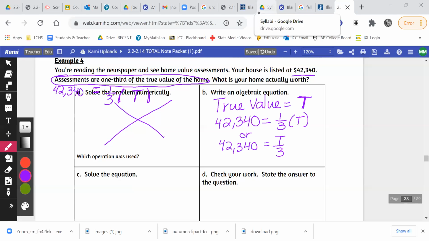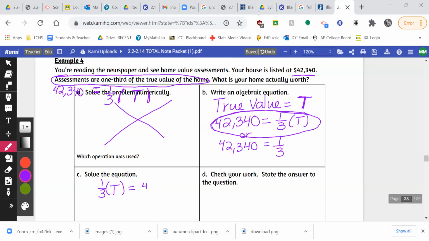Either way works. Also, if you do not like the variable on the right side, you can rewrite it having the variable on the left. So we'll go ahead and do that right here. 1/3 T equals 42,340.